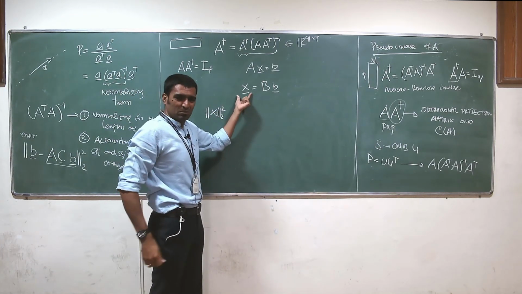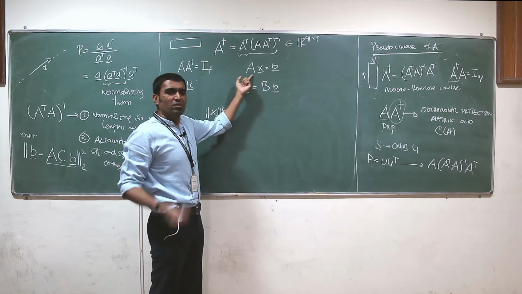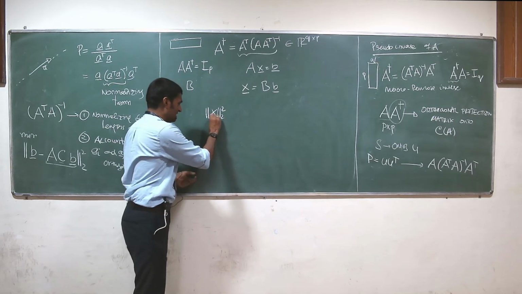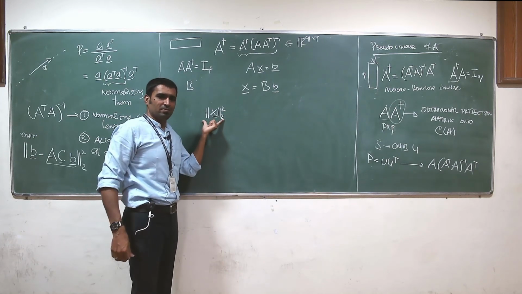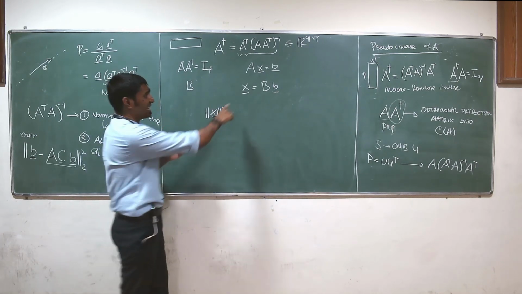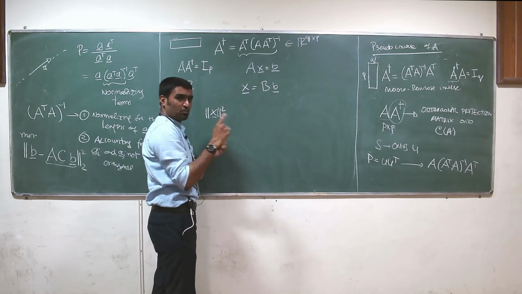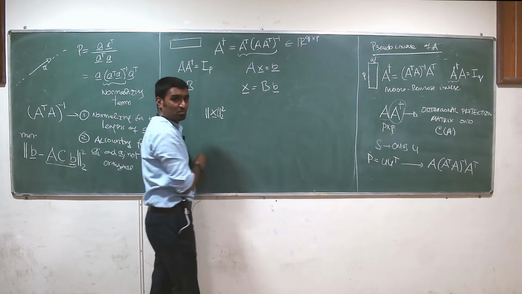What if I wanted the X such that its second norm is as small as possible? I want the shortest possible vector X that will solve this problem.